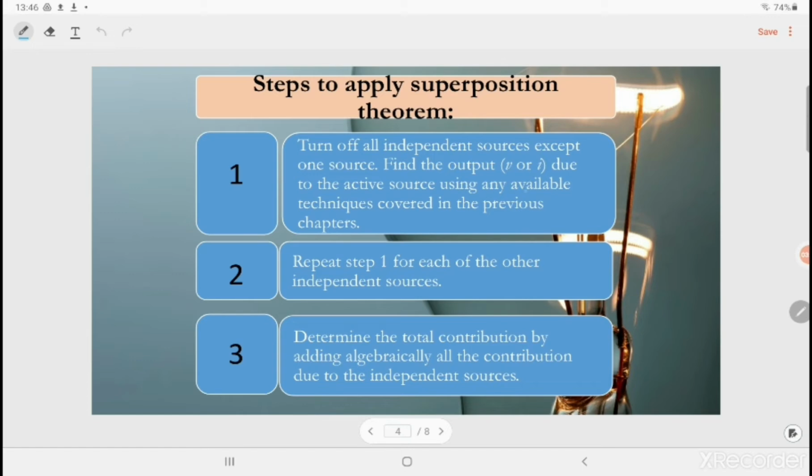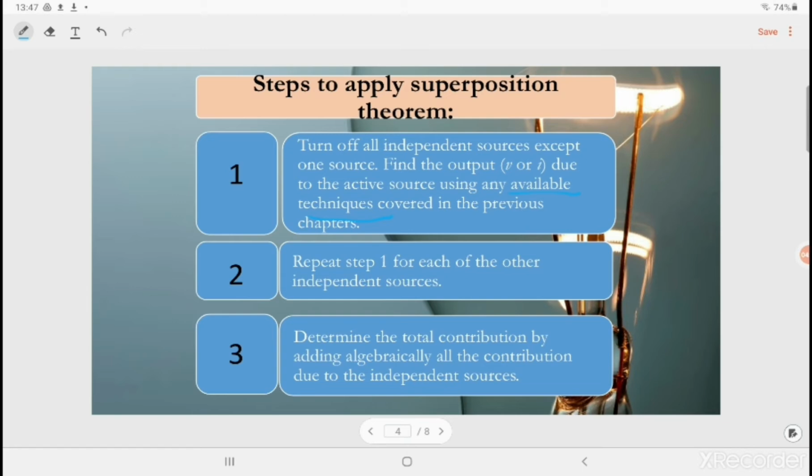When we say available technique, that means you can use mesh analysis, nodal analysis, or source transformation and so on, right?